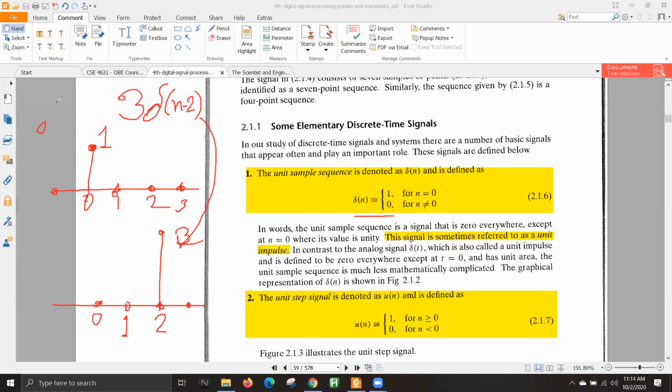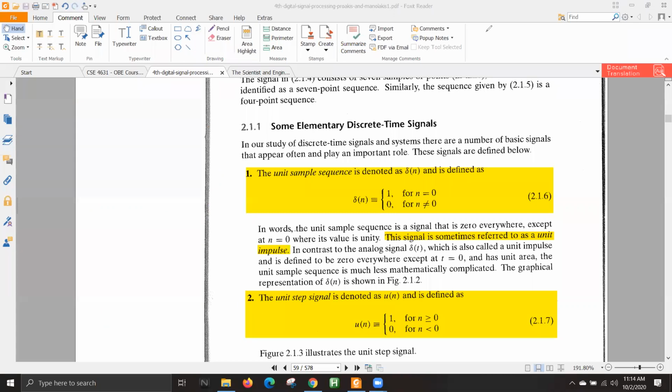And this is just delta n. So this is the simplest one, and if it is an impulse signal, we can represent it as a scaled and shifted version of this signal. I'm going to explain later how I wrote this signal like this.